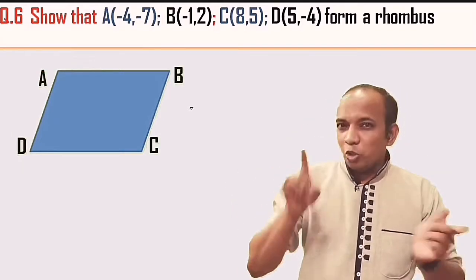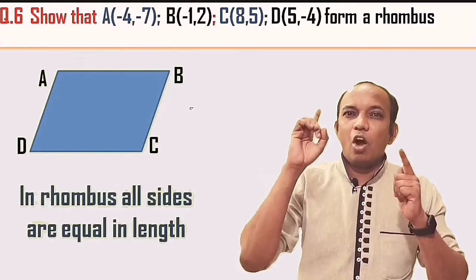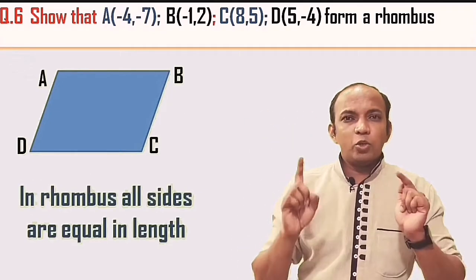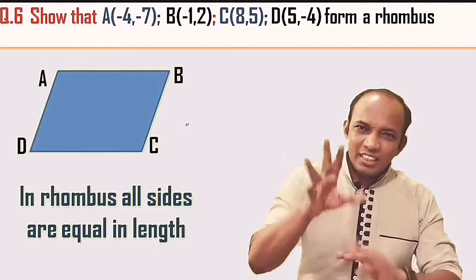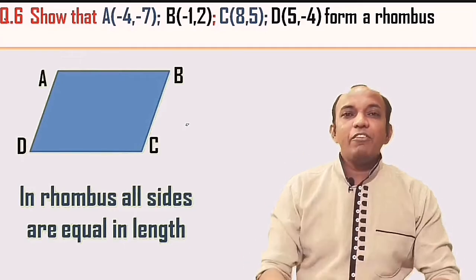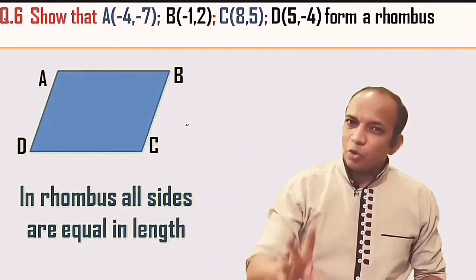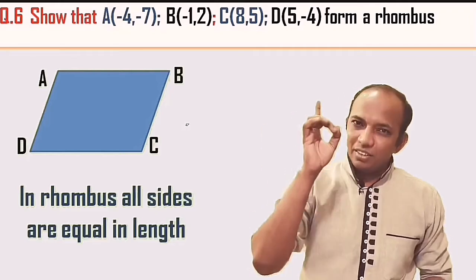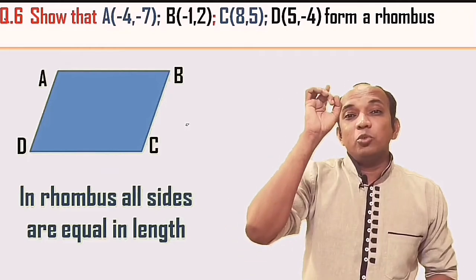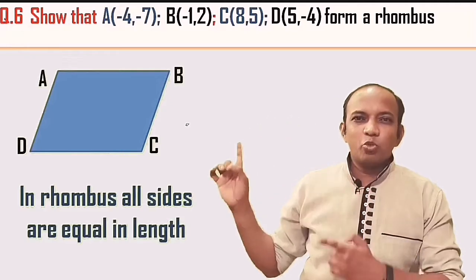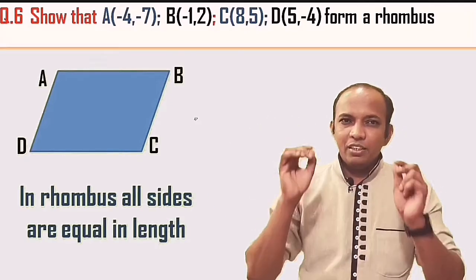In a rhombus, according to its property, all sides are equal in measure, and to find that length we are going to utilize the distance formula. If I am able to prove AB, BC, CD and DA are equal in length by finding their lengths using the distance formula, then we can say those vertices are of a rhombus.